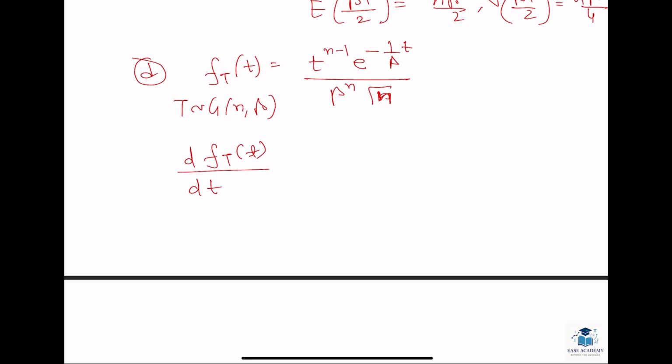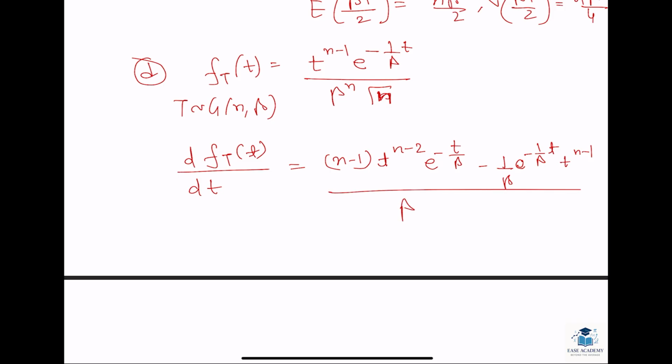So with respect to T, that means n minus 1 T to the power n minus 2 into e to the power minus T by beta, minus 1 by beta e to the power minus 1 by beta T to the power n minus 1, divided by beta to the power n gamma n. Now equate it to 0.